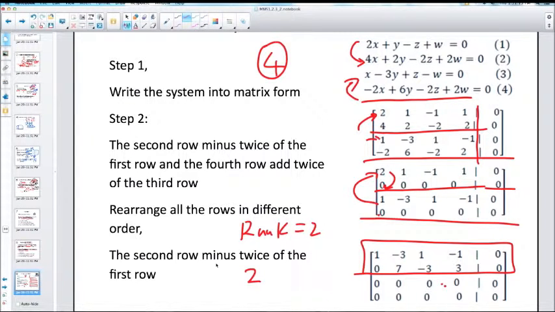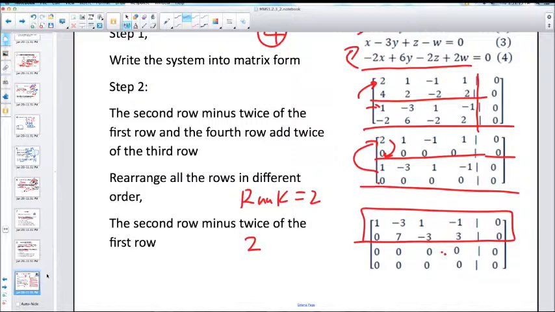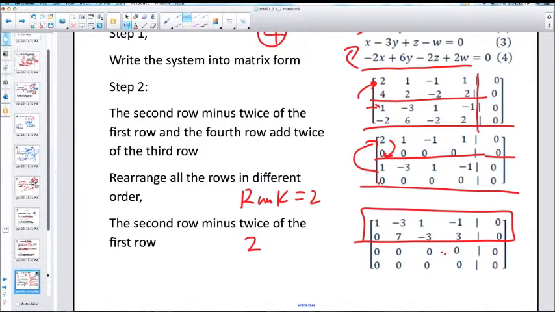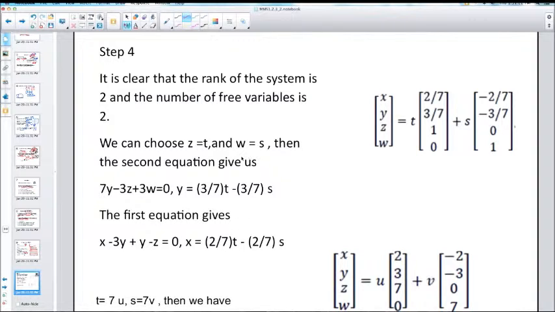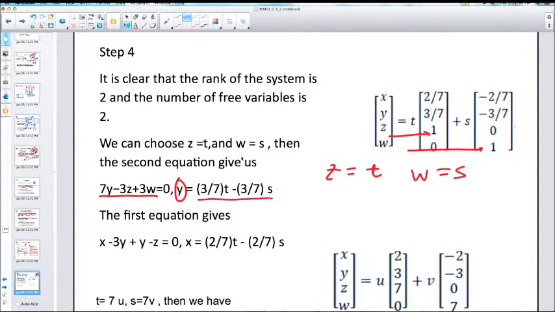That's it. So we have 2 free variables. And now we're going to solve the system by taking advantage of the two free variables. What I'm going to do is let z equal t, w equal s. By the third equation, I can solve y equals 3/7 t minus 3/7 s.